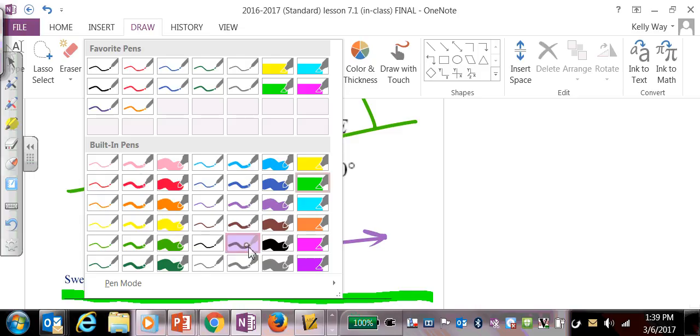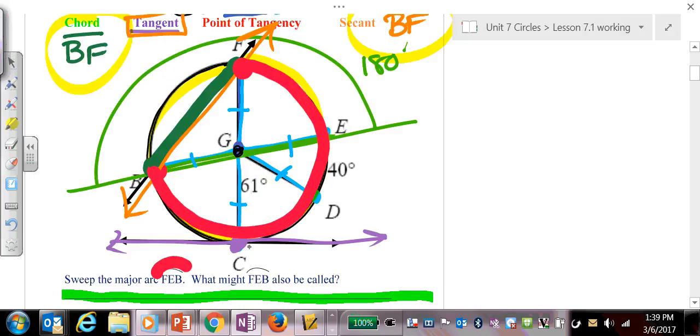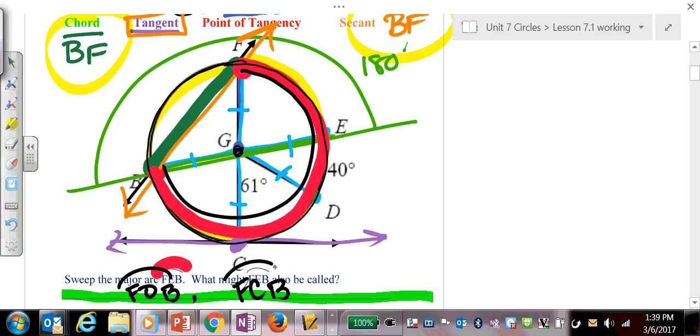I'll take volunteers for this one. Raise your hand if you think you have another name for that red arc. Give me one. Yes. F, D, B. I'll take it. That's excellent. Another one. F, C, B. That's good. Give me another one. FDB, yes. Okay, let's check EBF.